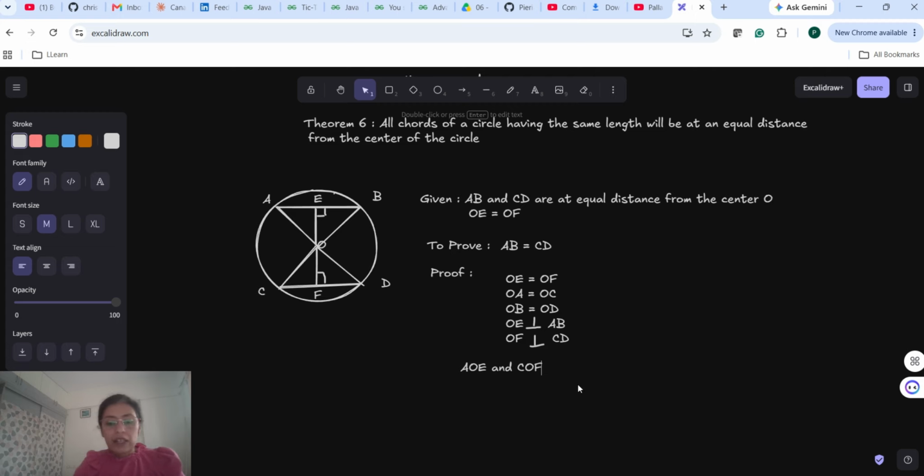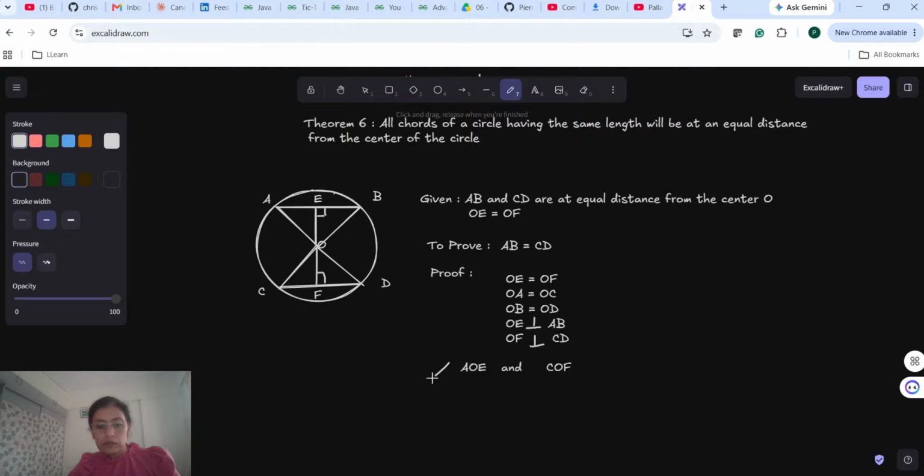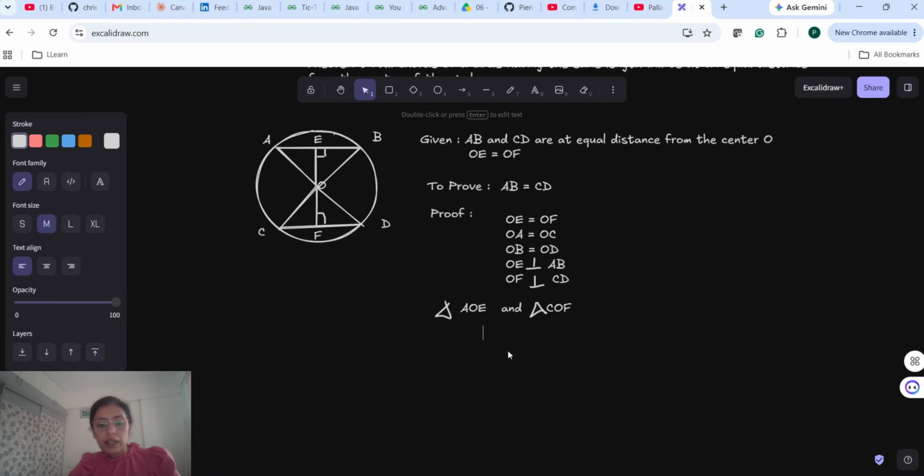So let's write it down. We are going in the correct direction. Okay, so let's write it down. These are the two triangles that I'm considering. And here I will write OA is equal to OC, which is the radii, and also hypotenuse.